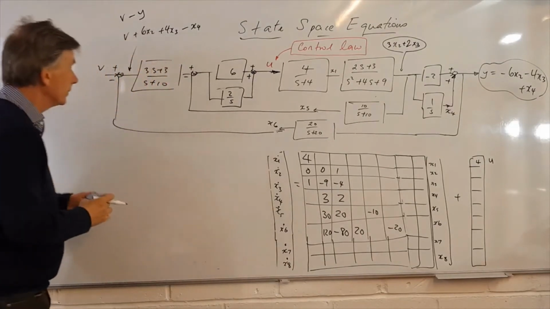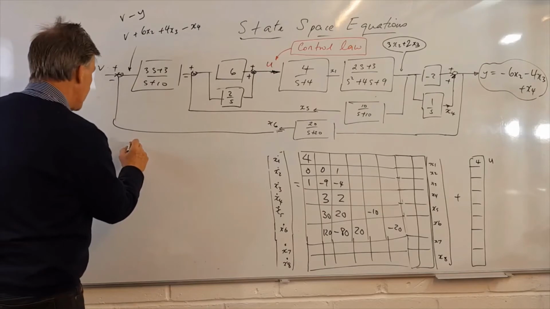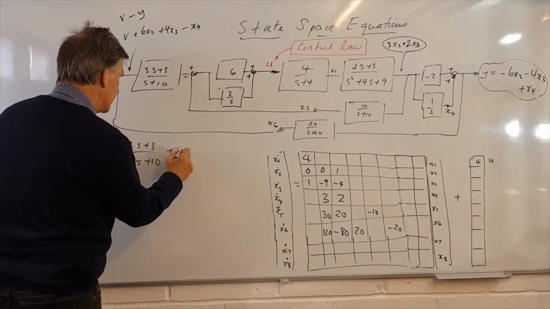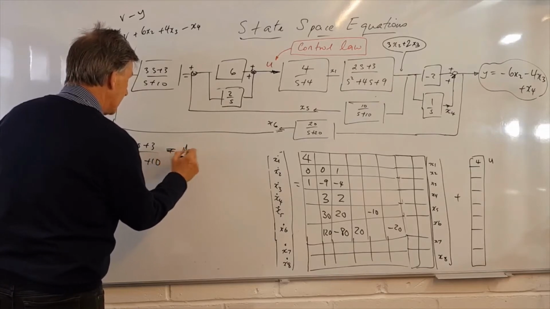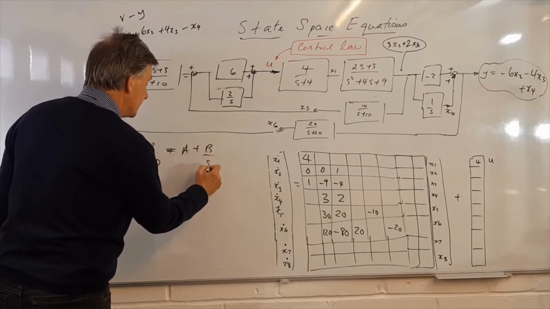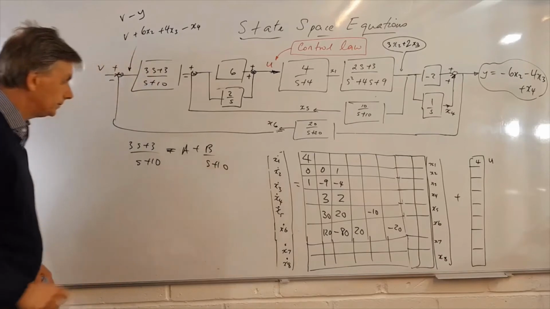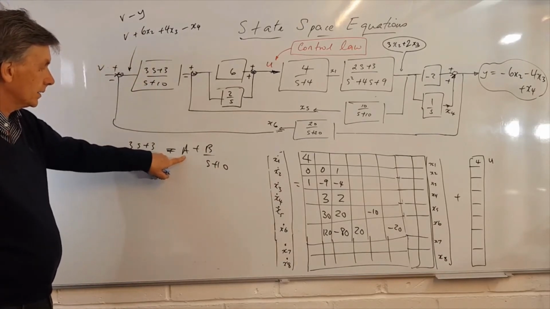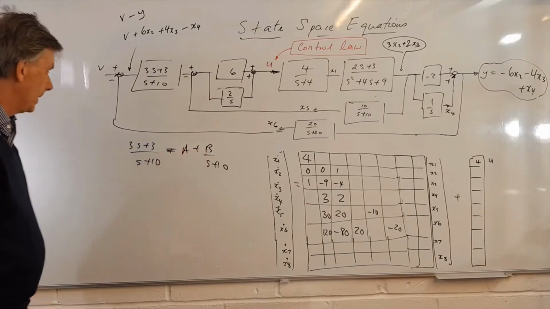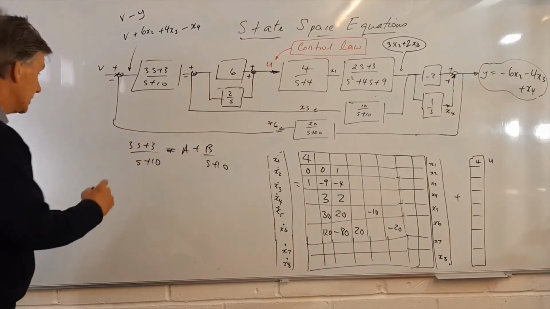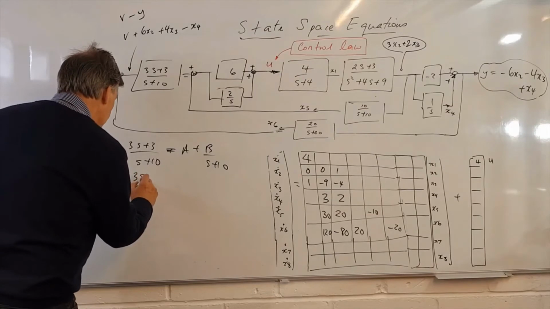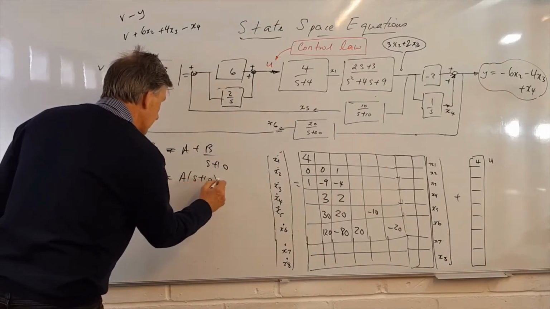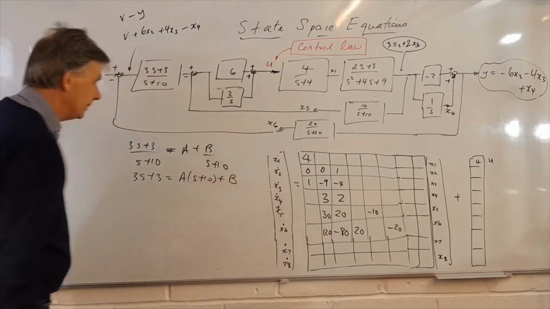And the next one's a little bit more tricky. The 3s plus 3 over s plus 10, we have to write as a plus b over s plus 10. So we split into a constant plus a fraction. So if we multiply everything by s plus 10, we get 3s plus 3 equals a into s plus 10 plus b.